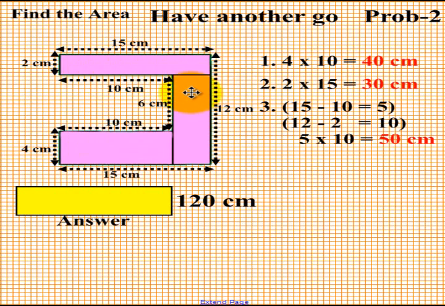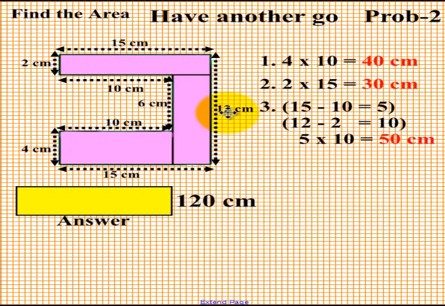Now we need to do a little calculations to figure out the area over here. First of all, you'll notice that we have 15 centimeters across, but 10 of it is occupied. So 15 minus 10 is equal to 5. So this area right here is only 5. And you'll notice that we have the number 12.